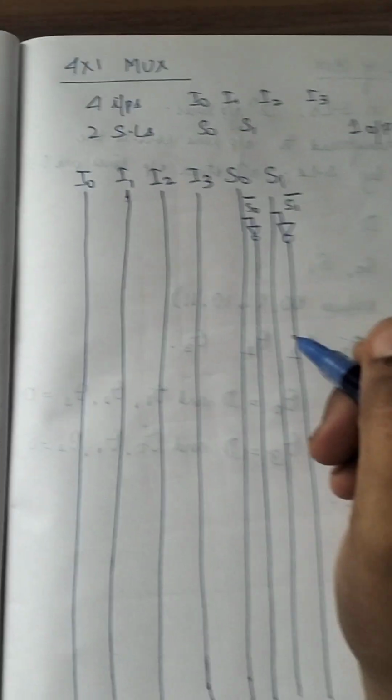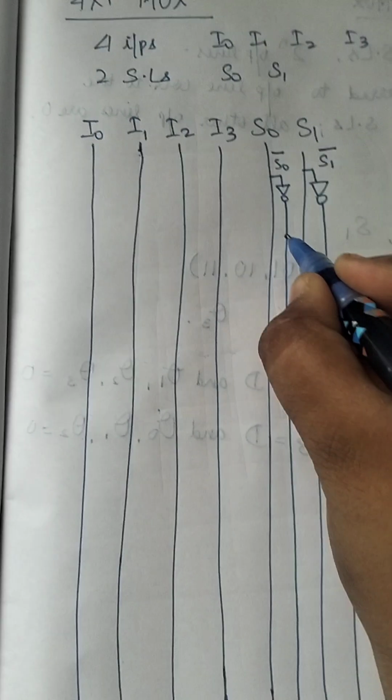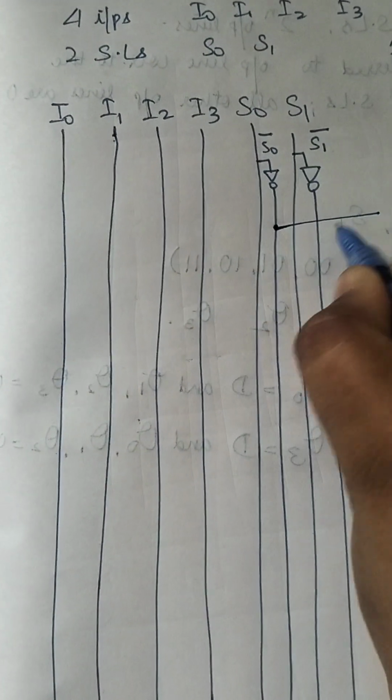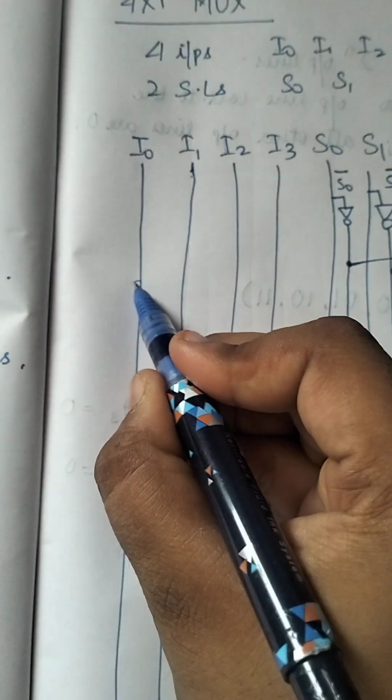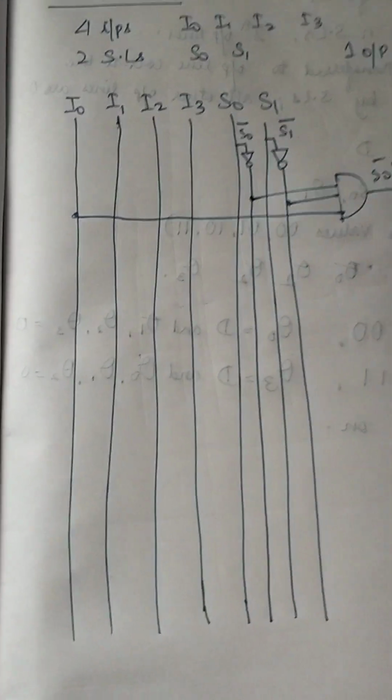So we start with S0 dash S1 dash I0. You put everything into an AND gate. So this is your S0 dash S1 dash I0.